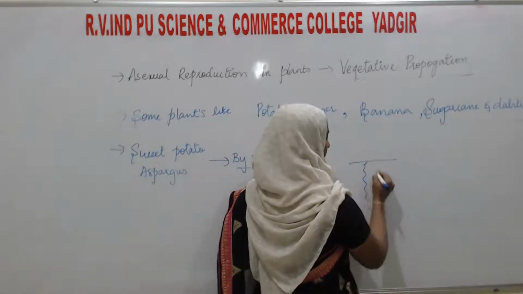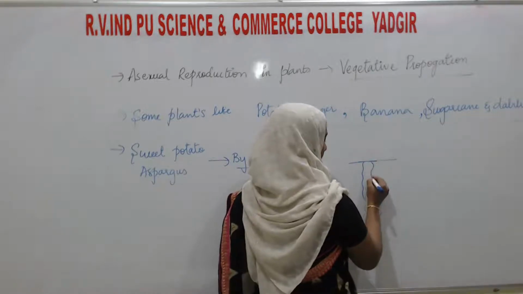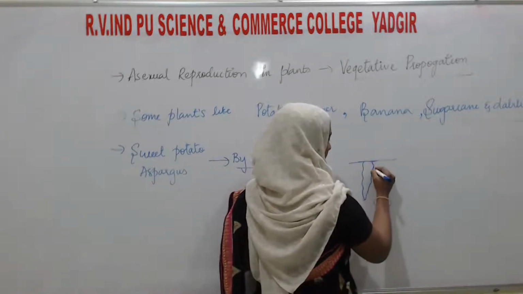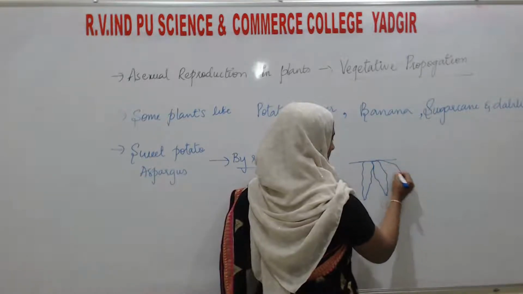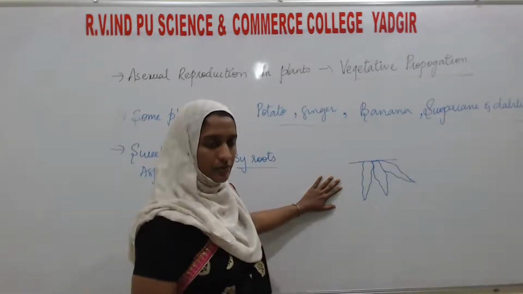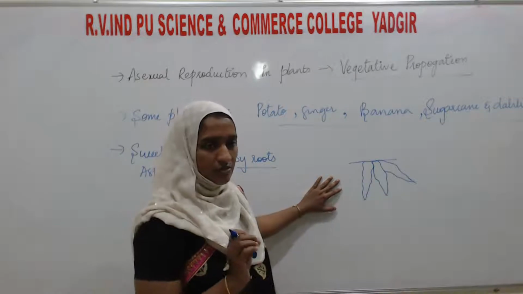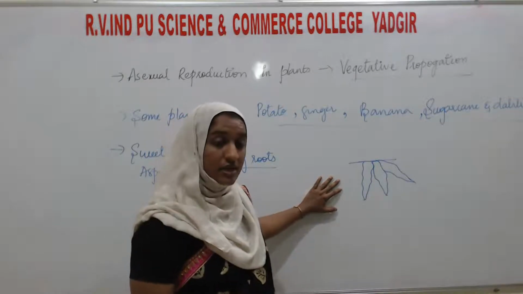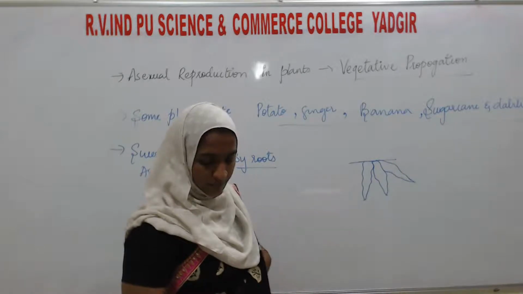This is the sweet potato. It is one of the modified roots. How they undergo reproduction is by vegetative propagation.